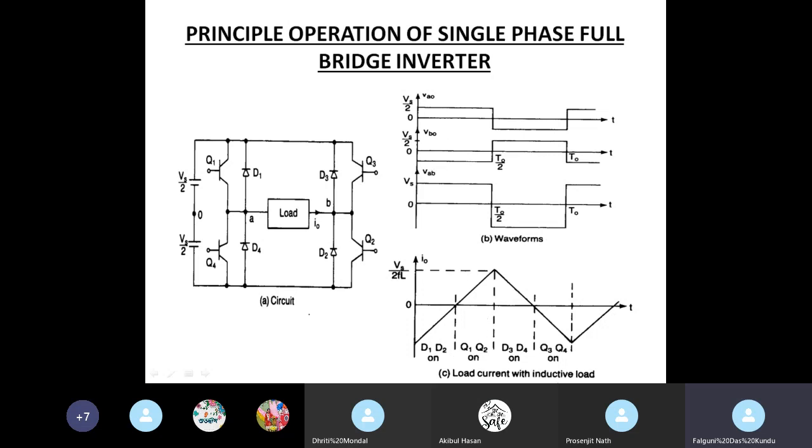And if the load is an inductive load, that is, the load consists of an inductor, then the load current must be a triangular wave.